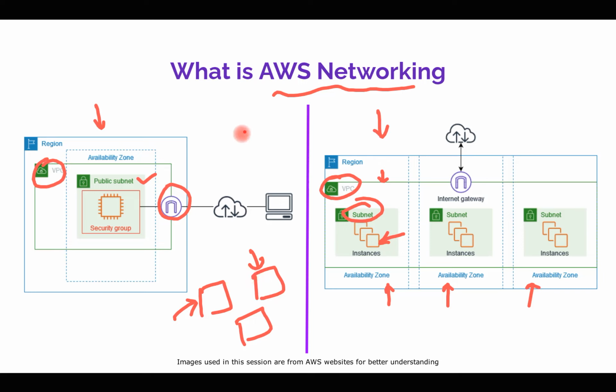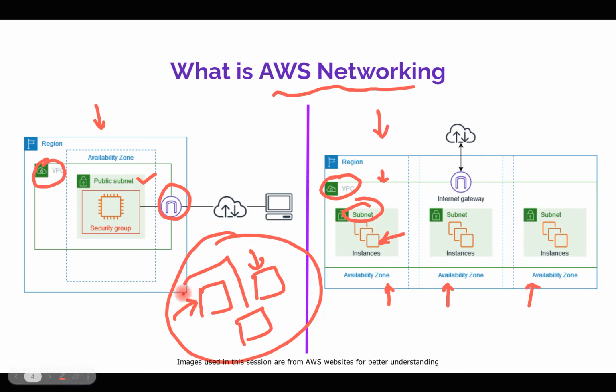We don't want one client's machine to access another's, even though they belong to our organization. So what happens is this VPC helps us separate this particular network into multiple ones. We can have a separate network for client A, client B, and client C. We can have different networks.